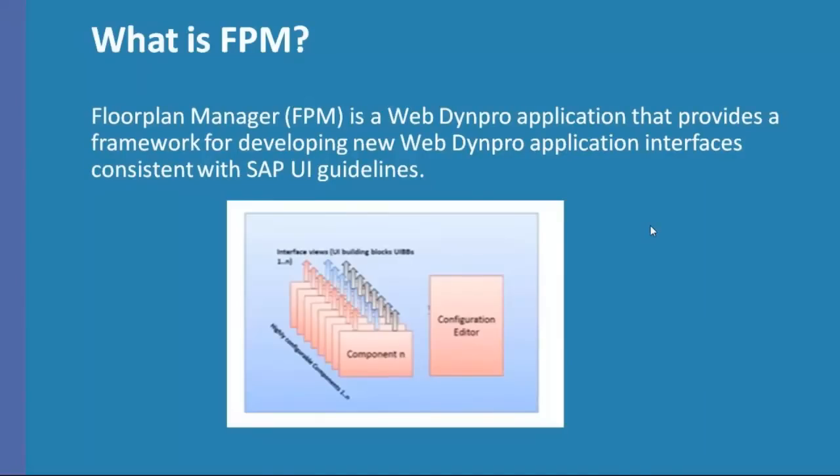As we know, the backend component for any kind of user interface is WebDynpro. But in WebDynpro, the problem is we have to start by creating the pages and menus, then sub-menus, then buttons, etc., which is quite a tedious activity. So to make the work easy and user-friendly, SAP provided this floor plan manager with MDG.